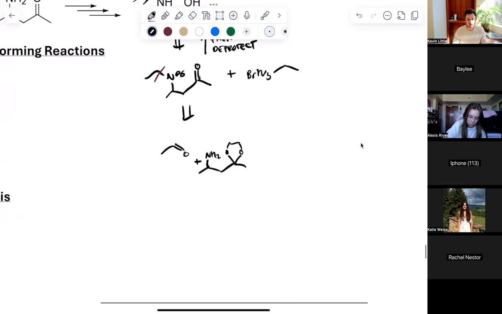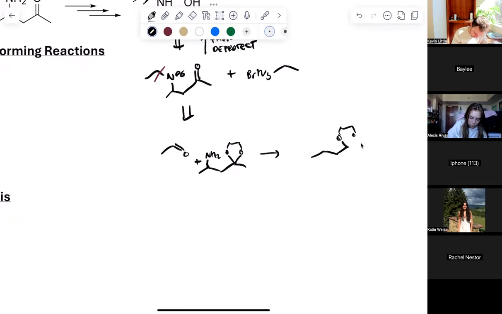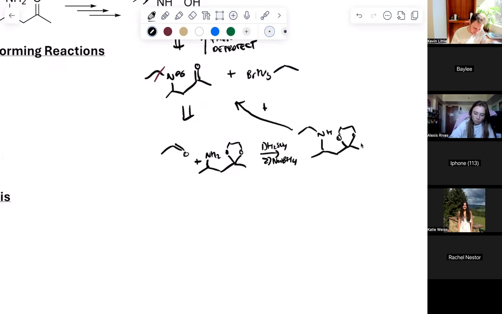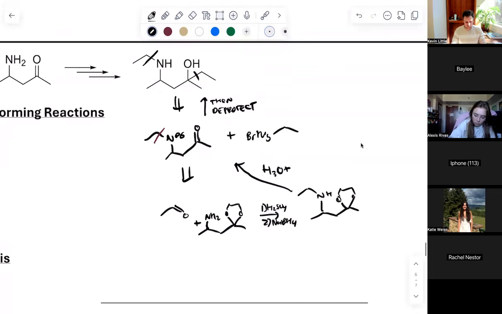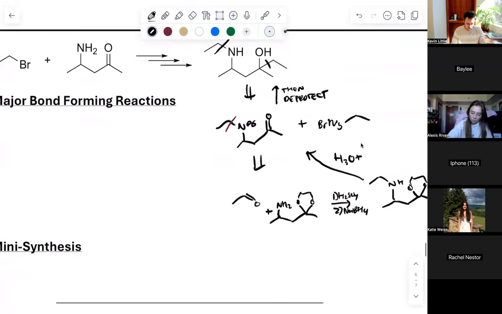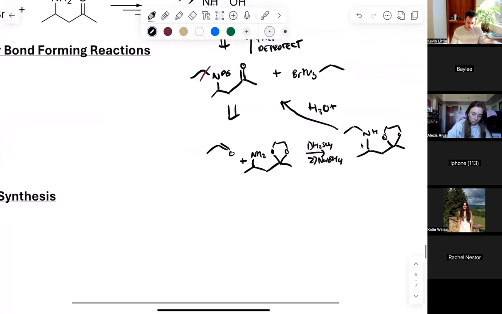So I need to protect one of them. So again, I'm going to show this. And then I need to deprotect to get to that product. And I think that's it. I think those are my two major bond forming reactions.